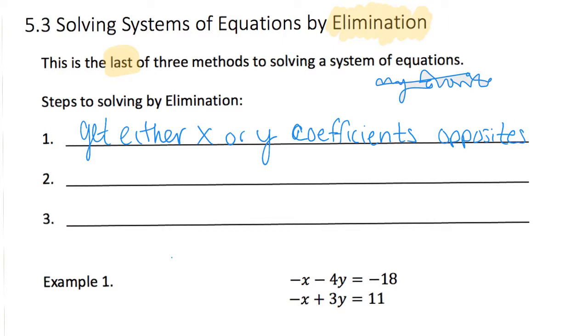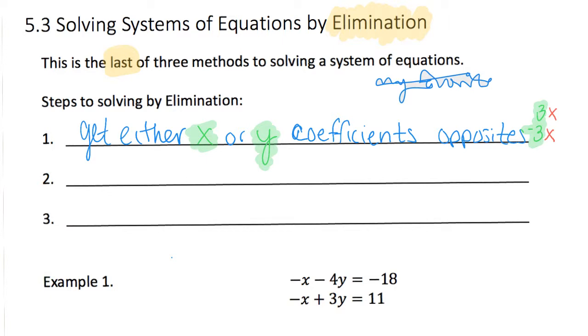What I mean by that is I want one equation to have 3x and the other equation to have negative 3x. So they're the same number, but one's positive and one's negative. You could do that either for x or y. It's a personal preference. It doesn't truly matter.